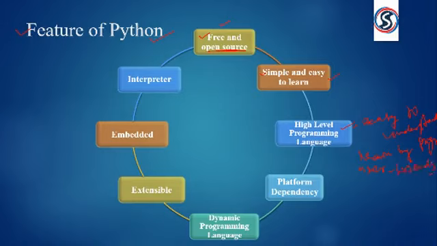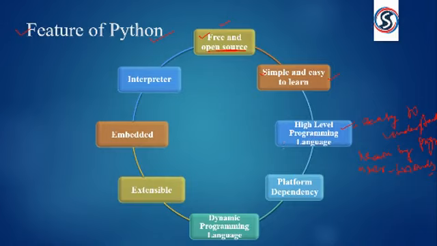So Python is a high level programming language, and hence it is a programmer friendly language. Being a programmer, we are not required to concentrate on low level activity, like memory management and security.